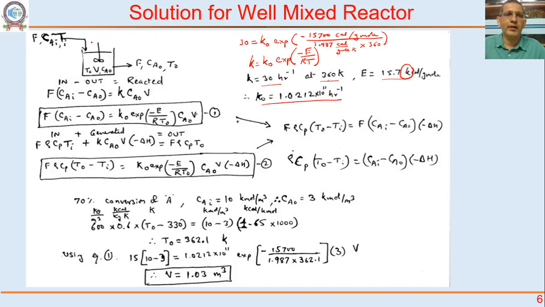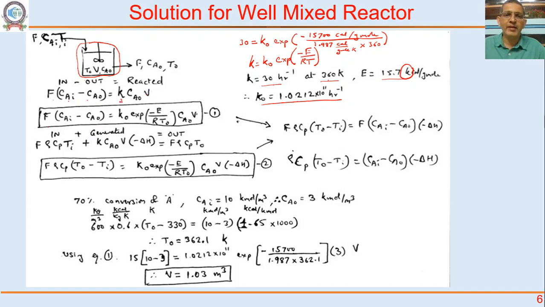Now what are we going to do? We are going to take a control volume like this, and on this control volume we are going to say whatever comes in minus whatever goes out must be equal to what is reacted. So flow rate multiplied by inlet concentration Cai minus Ca0 is equal to K Ca0, the outgoing concentration, times V, where V is the reactor volume here.